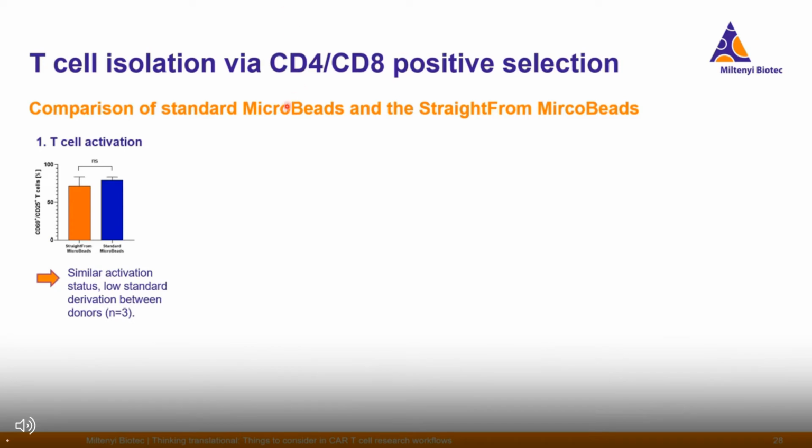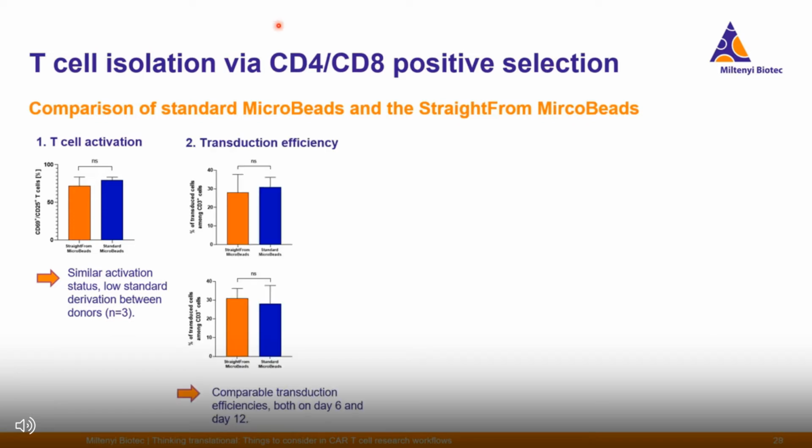So in more detail, on day 1, T cells of each donor were transduced with equal amounts of lentiviral particles encoding a CD20-directed CAR, and the transduction efficiency was analyzed by flow cytometry using a CD20 CAR detection reagent, anti-human, and independently of the manufacturing protocol.